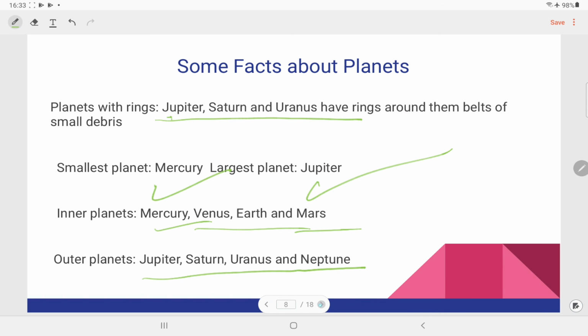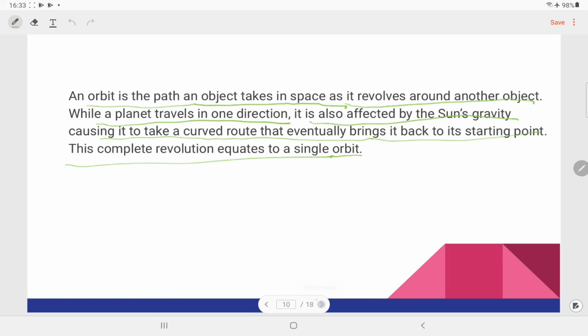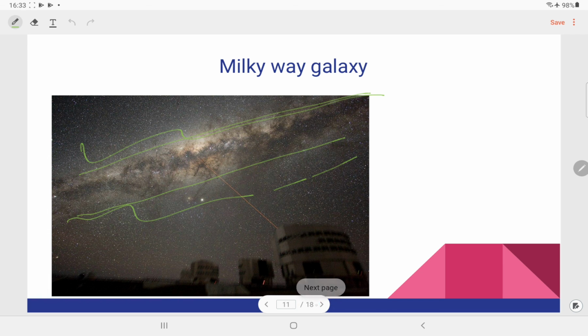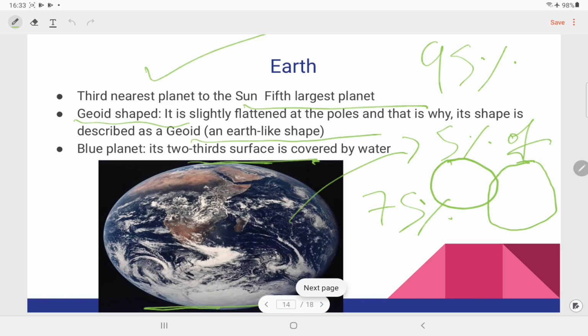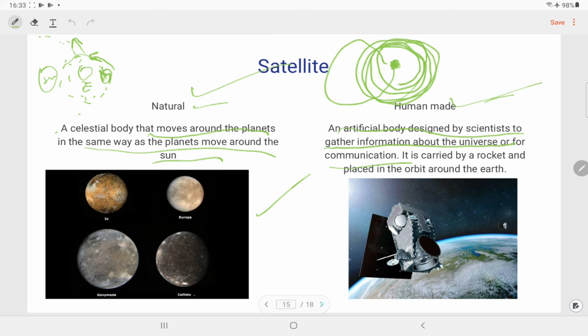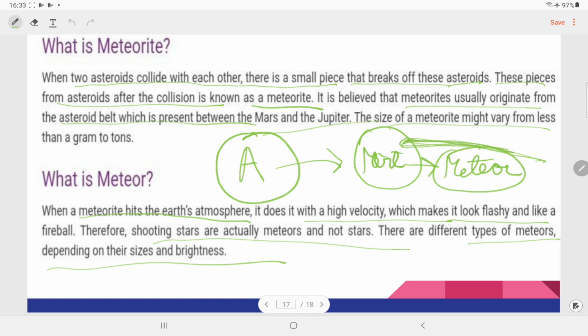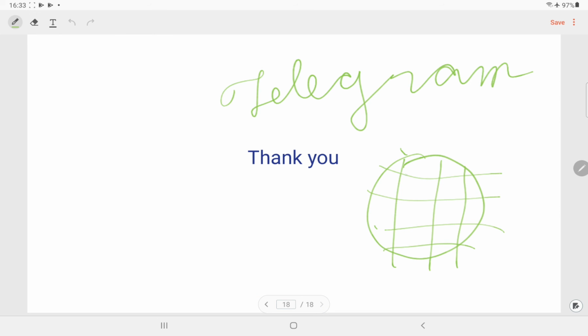After that we covered orbits, then the Milky Way Galaxy, then the sun, the epicenter of our solar system, and our own planet. Then we studied satellites, then asteroids, and from asteroids we came to meteoroids and meteors. These are all the things. Next we will be dealing with longitudes and latitudes and different aspects of Earth.